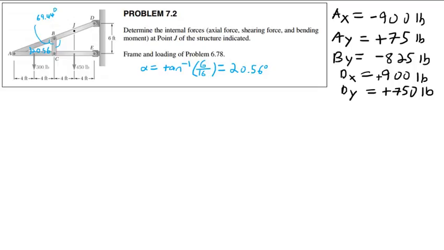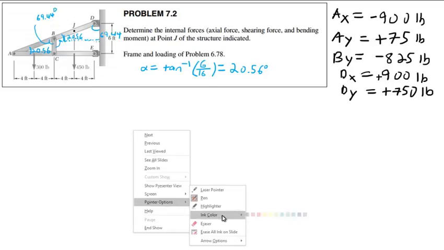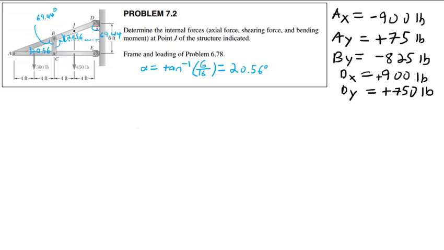This one is 180 minus that. Actually, that's fine. Well, this one, we have that same triangle, right? And so this one is 20.56, just trigonometry, and this one is 69.44. And again, I'm going to use these simply to determine the, you'll see.